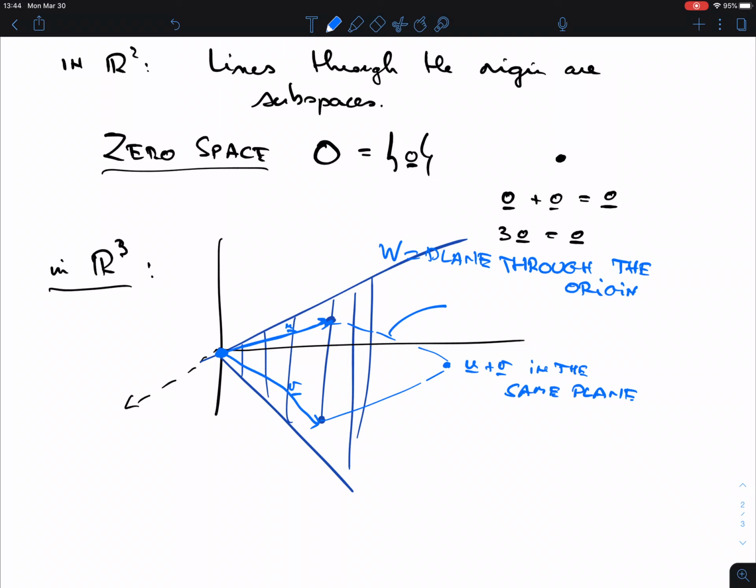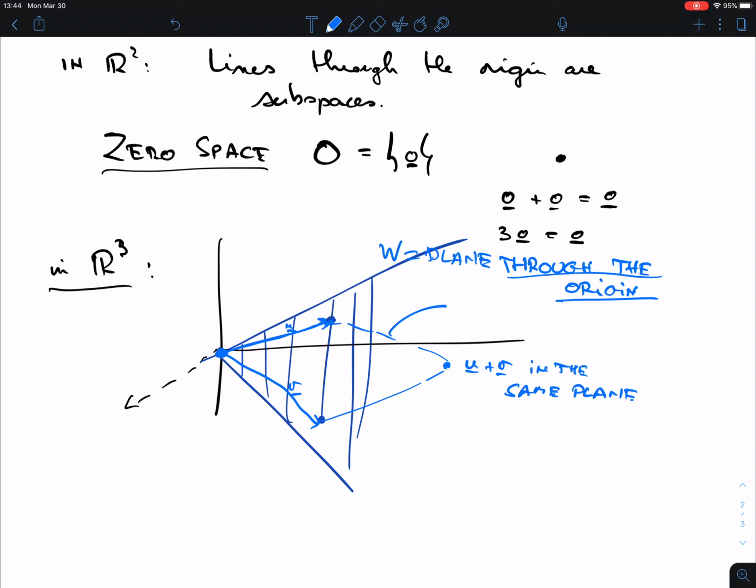And so if I take two vectors like that and add them up, then the endpoint of the sum is again in the plane, so it is closed under addition, and I leave it up to you to verify it's also closed under multiples.